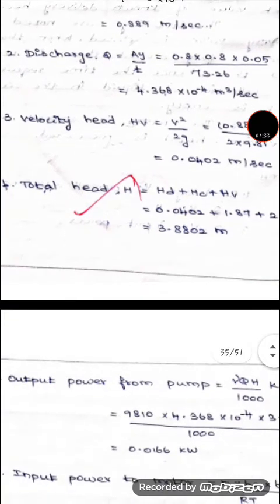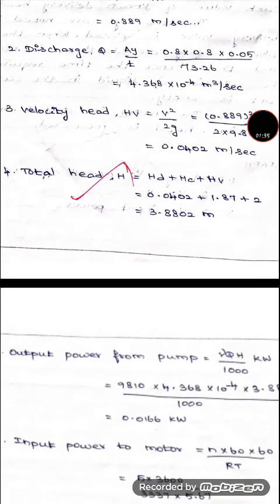So the formula for that is Q equal to A into Y by T. That is the area of the collection tank, calculated from the size of the collecting tank. We have to substitute the values in terms of meter to get the value in terms of meter cube per second.